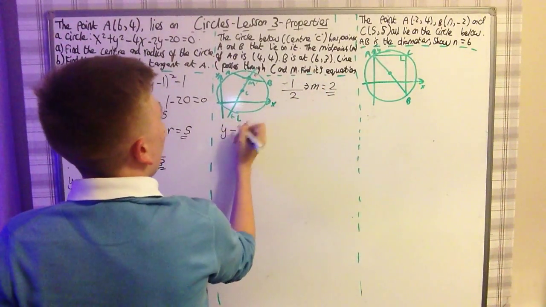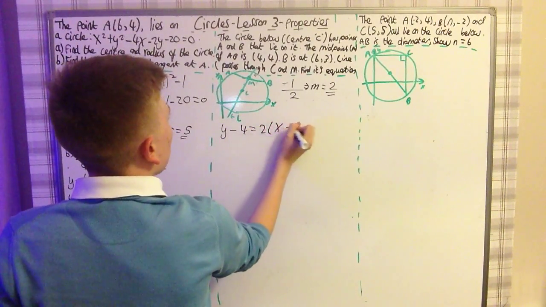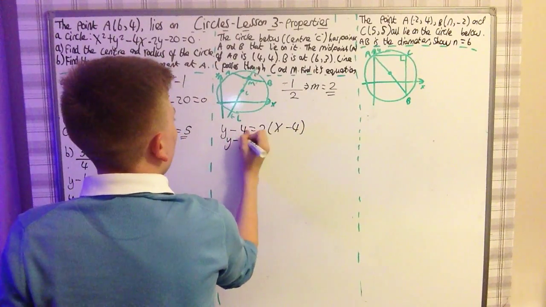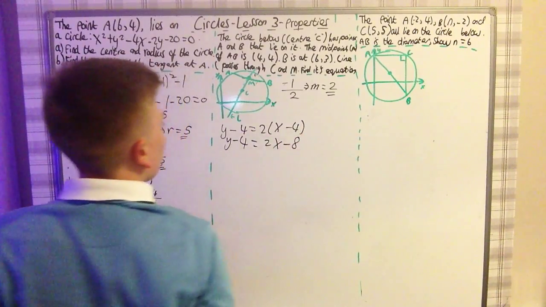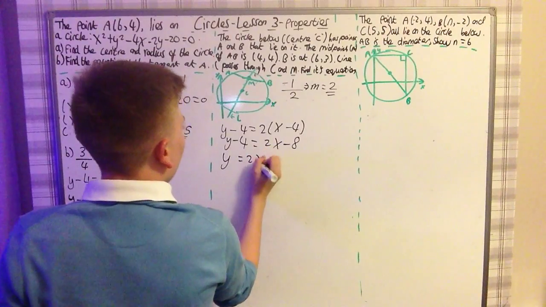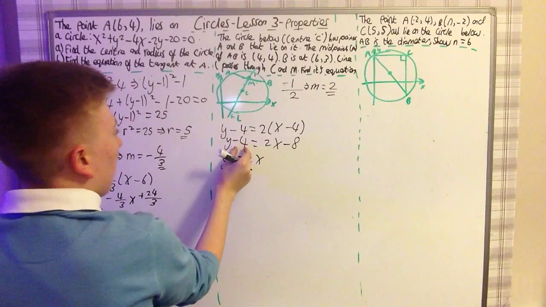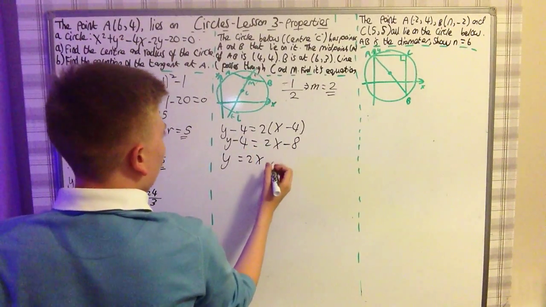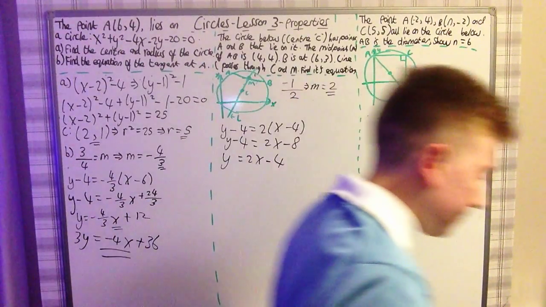So y minus our y1, 4, equals our new gradient, 2, times x minus our x1, which is 4. Expanding this, we get y minus 4 equals 2x, minus 4 times 2 is minus 8. And then y equals 2x, and minus 8 is going to become plus 4 when moving it across, which gives us minus 4.